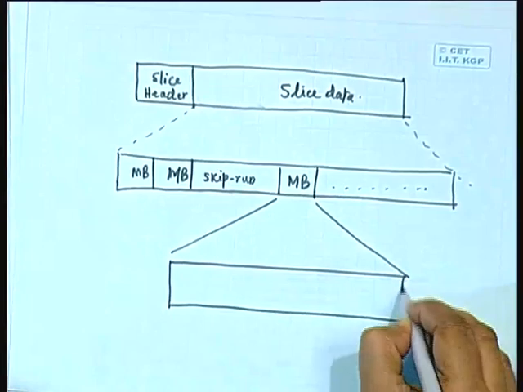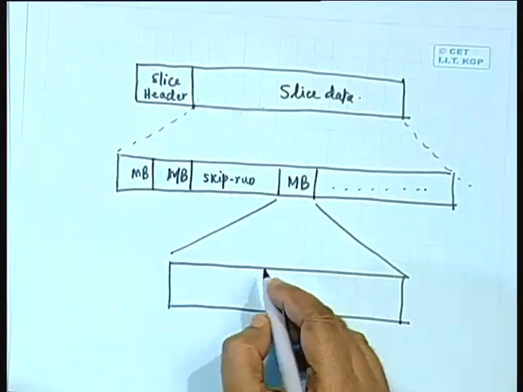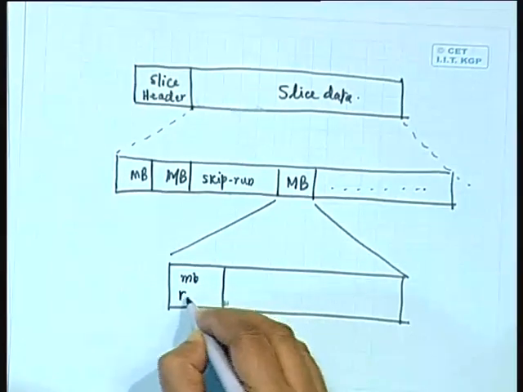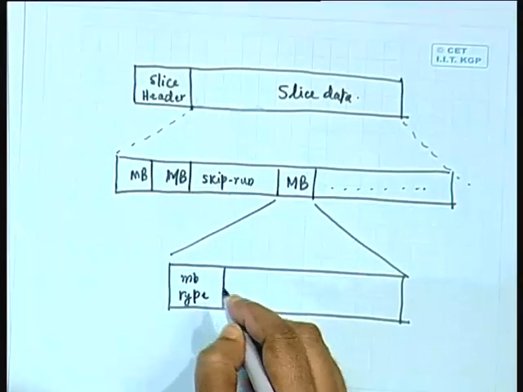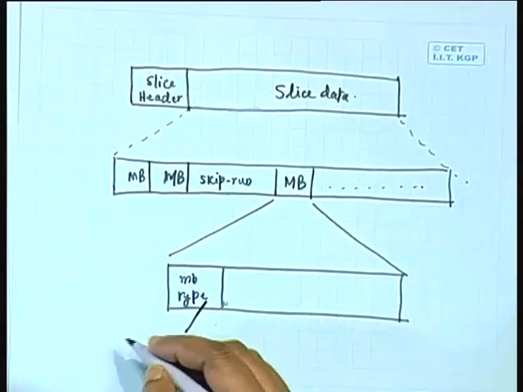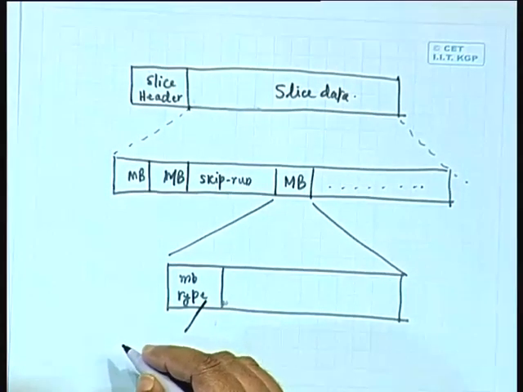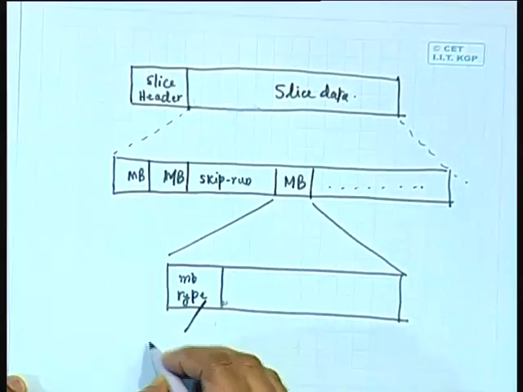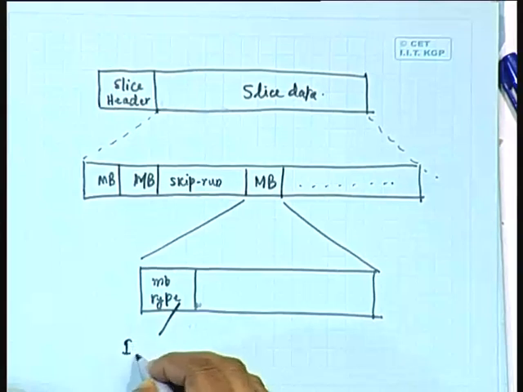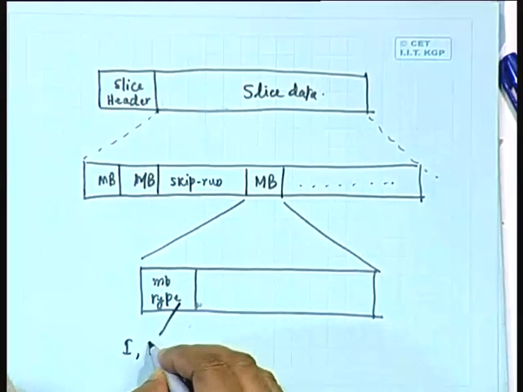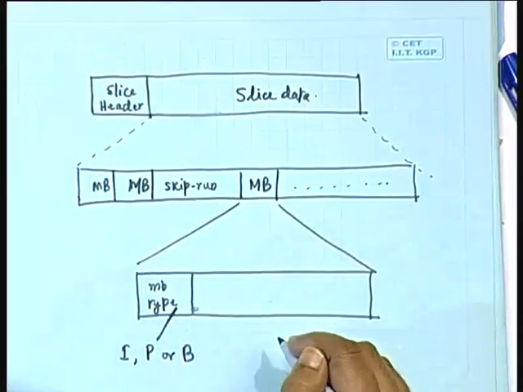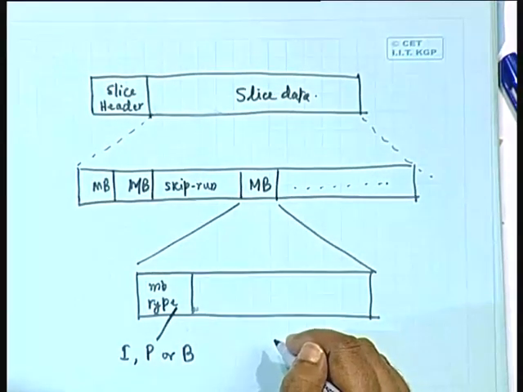First of all, you have to specify the macro block type. So, I write here MB type. Basically this field indicates whether the macro block is coded in intra or inter, and again in inter it could be P or B. So, whether it is an I macro block, P macro block or B macro block, that will be written in the MB type information.